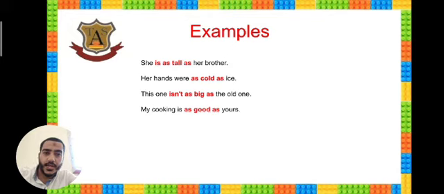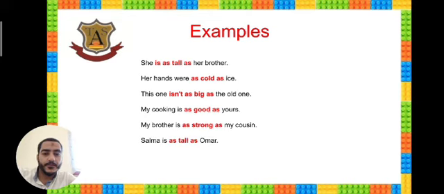As, adjective, as, if we want to show that these two objects are equal. My brother is as strong as my cousin. Okay? They are equal in strength, as I said before. As, adjective, as. Okay, next.